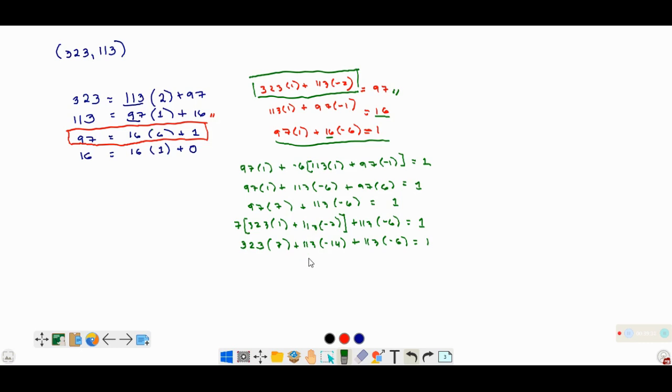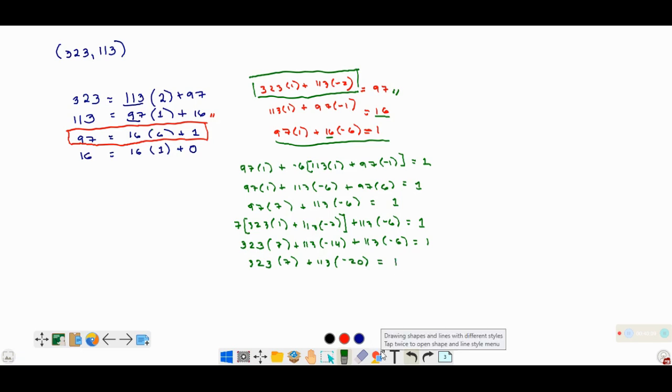So, 323 at saka 7, wala na magbabago sa kanya. 323 times 7 talaga siya. But, for 113, you will see there two different values. 113 at saka negative 14 at saka negative 6. We are going to have here 113 times negative 20 is equal to 1.